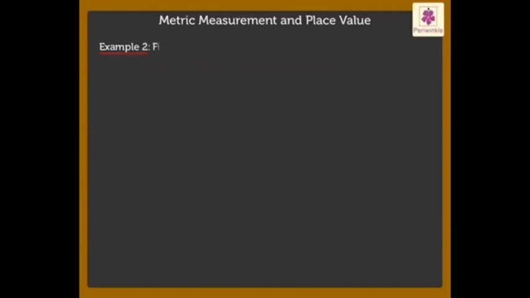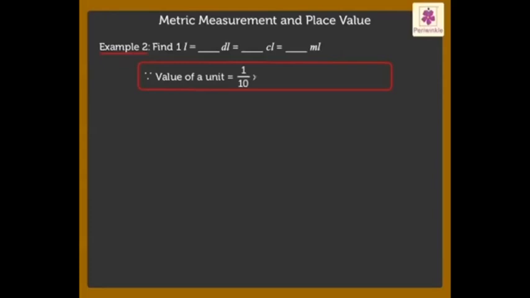Next, let's find the relation between liter, deciliter, centiliter and milliliter. We also know that the value of a unit is 1/10th times the value of the unit to its left. Therefore, 1 milliliter is equal to 1/10 centiliter, or we can say 1 centiliter is equal to 10 milliliters.